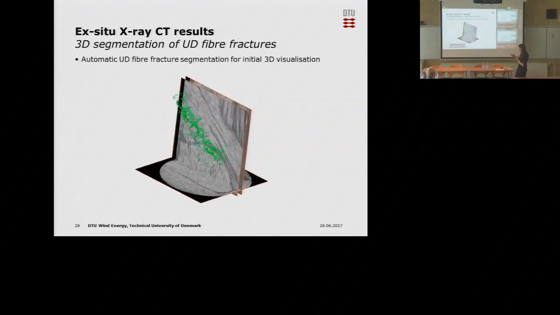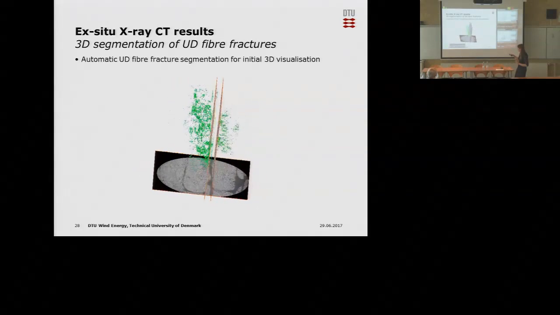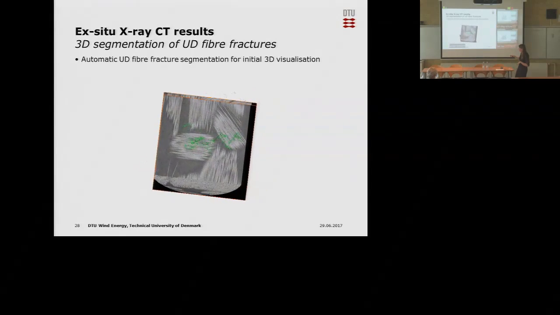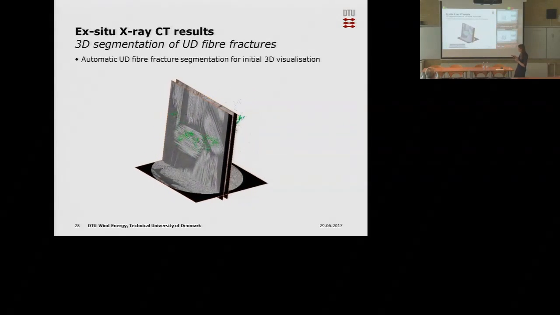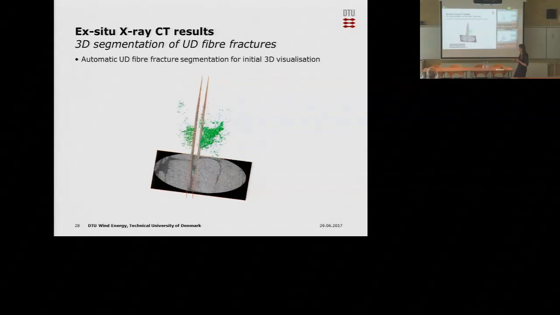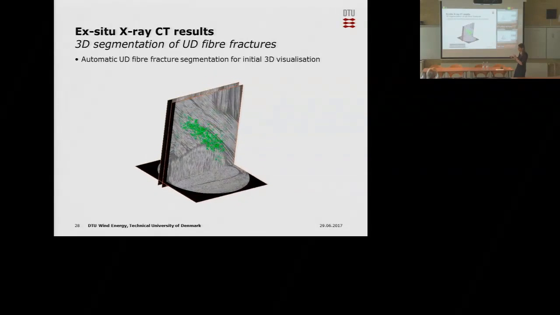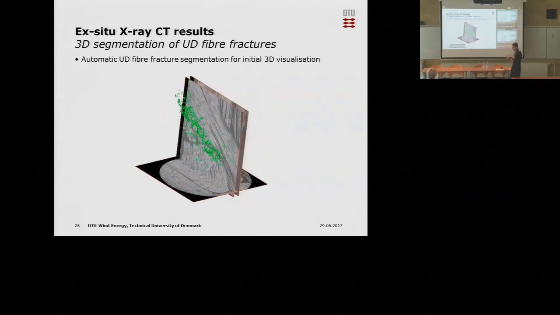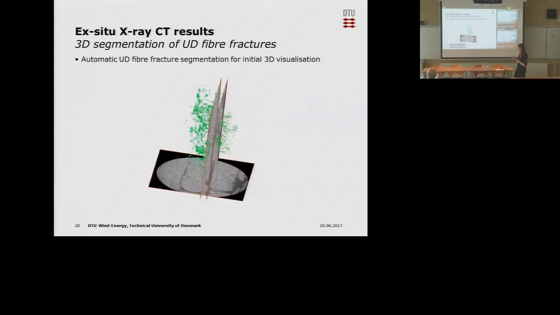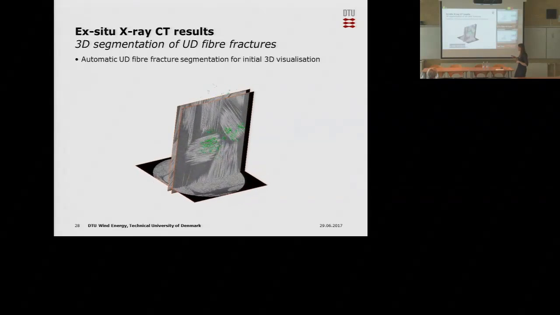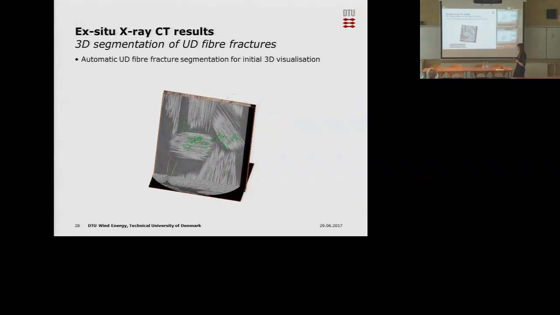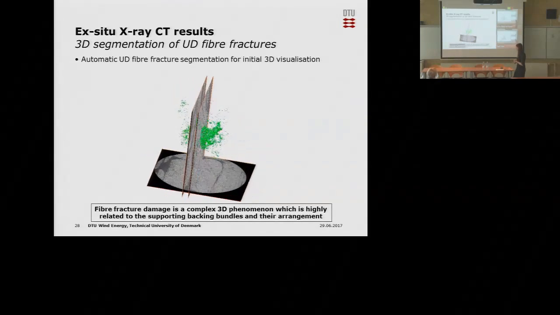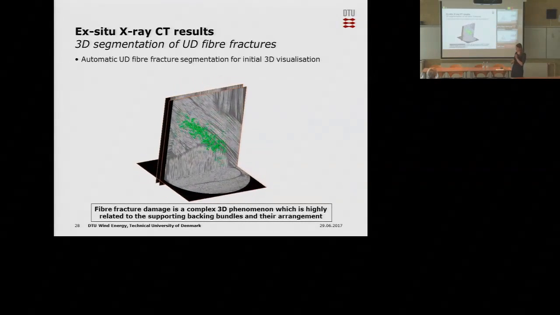So on this side there is a 45-degree backing, and on the other side there is also a minus 45 and a 90-degree. And you can really see that the damage inside here is much different. Well, on each side it varies very much depending on how the backing locally looks on the side that is touching the UD bundle, which is quite interesting. So it's a very complex 3D mechanism, and it's also clear from this that it is highly related to the local bundle structure.